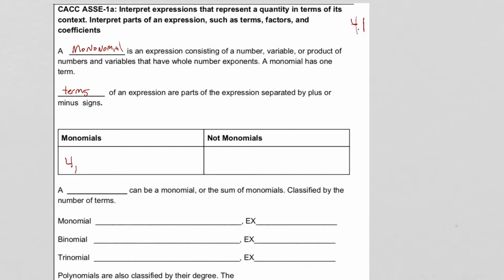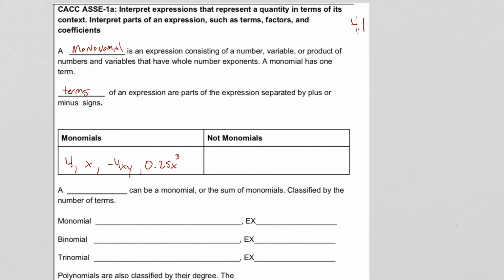Right? That has one term. X, that's one term. These are multiple examples. So I'm just writing, this would be a monomial if you had minus 4xy by itself. And then I'm separating these with commas. That's a monomial. So there's several examples.